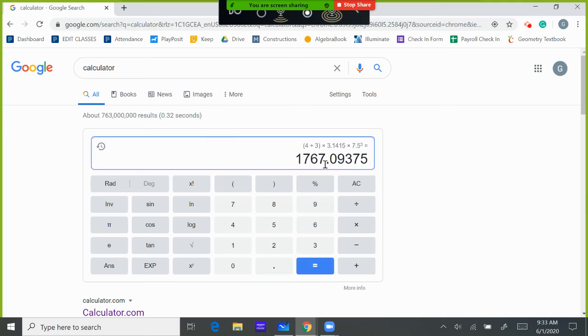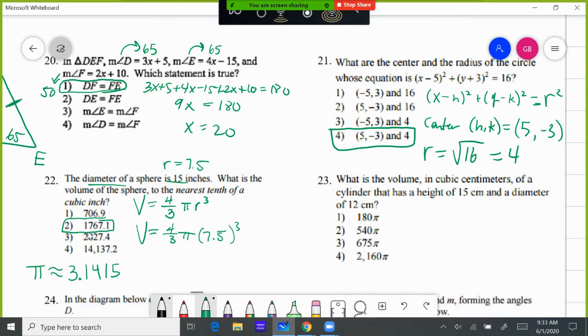There we go, 1767.09, and that rounds up to 0.1. So that one actually gives you the same answer. So if you don't have the pi button, you could use 3.1415.